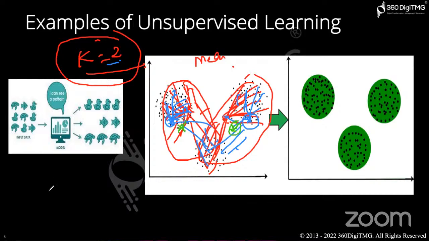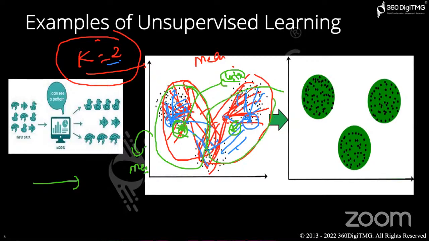Like that, it will keep happening until the mean of that particular cluster is equal to the previous mean, or you can say the new centroid is equal to the previous centroid. In that case, there is no need to change the mean or centroid. It will become constant. That is how we will be forming the clusters.